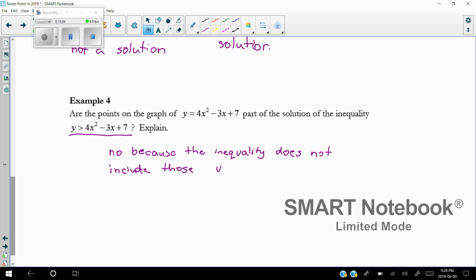So as you're looking back through your notes to study, I'm just going to maybe make a note that this one's a dotted line, and maybe that'll jog your memory as to why it cannot be a solution.